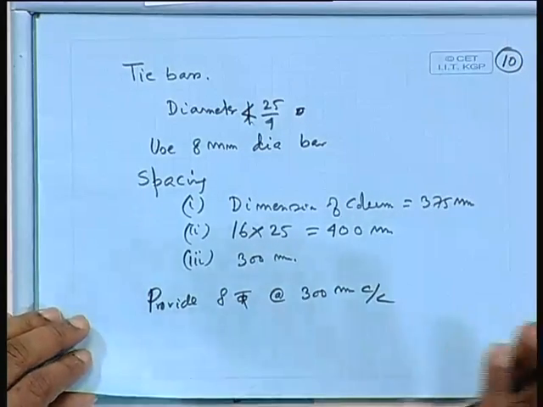So, this is your column design for axially loaded column. But this is not the end of column design, because it is not so simple. We can have eccentricity or we can have moment developed. So, there are two possible cases.